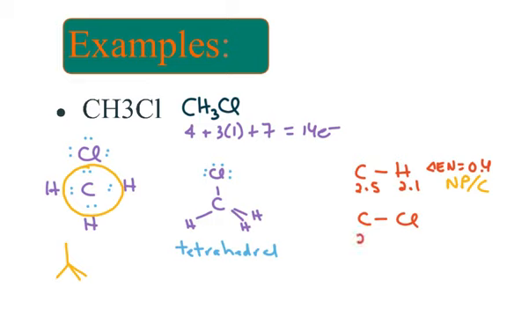The carbon again is 2.5 and the chlorine is a 3.0. So the difference is 0.5, and this is a polar covalent bond. And if I draw it in here, it's going to go towards the chlorine. You'll notice that even though this is a symmetrical shape and typically dipoles would cancel, when you only have one of them, there's nothing to cancel it.